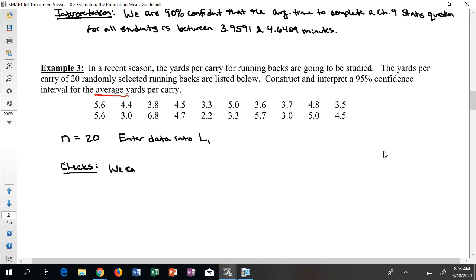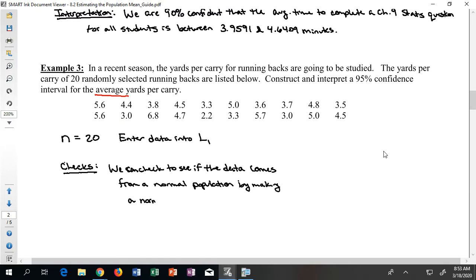I'll state here that we can check to see if the data comes from a normal population by making a normal probability plot.